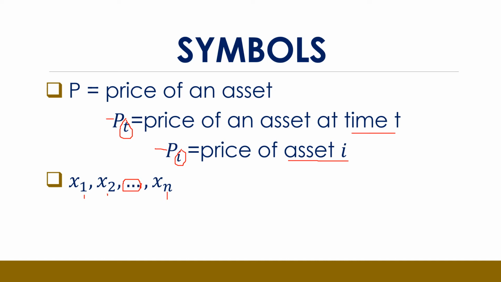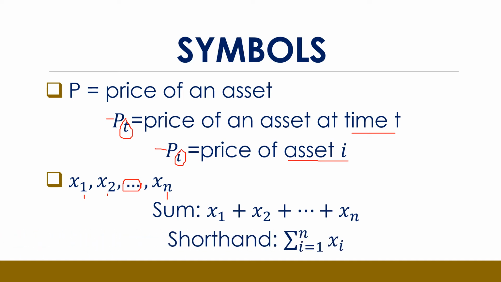So n will be equal to 10. Now, when you want to calculate the sum of these values, you can write it in the long format, which we know, and we write x1 plus x2 plus ... plus xn. This is the sum, but we also use some short format to represent the sum, and we use what we call the summation sign.